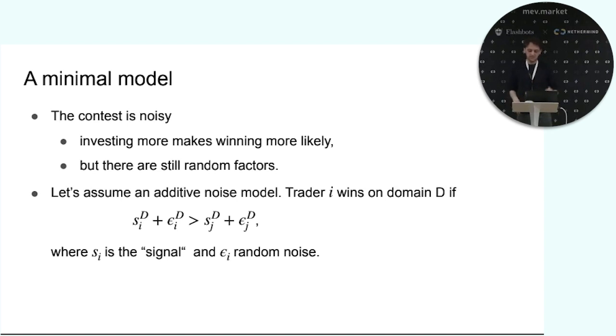So there's always some noise component to it. There's still some random factors in this world. And so in the end, what you have is some kind of model where you combine some signals that you produce from your investment plus some random factors that are out of your control. So that's the kind of model we have in mind, okay? And then you win basically when your signal plus your noise is better than the signal plus noise of your competitor.